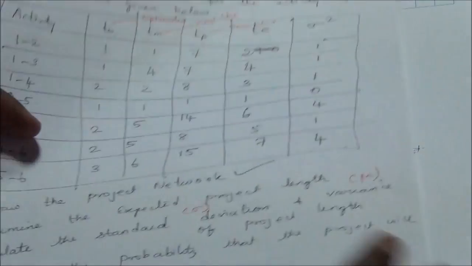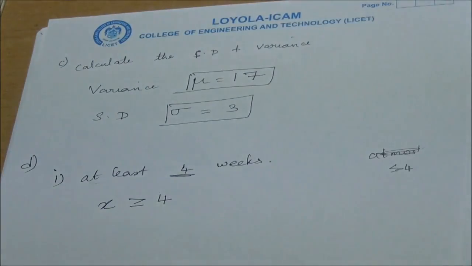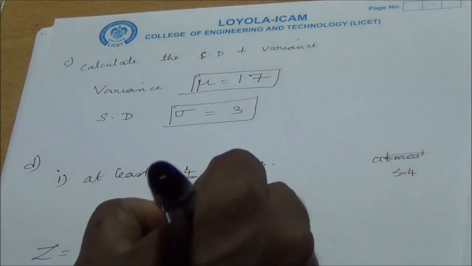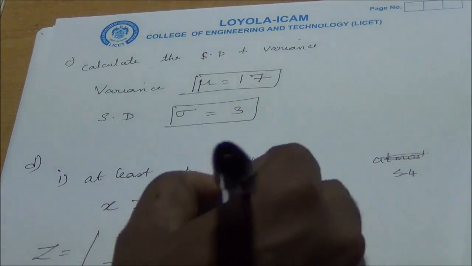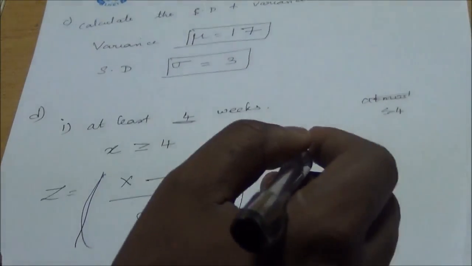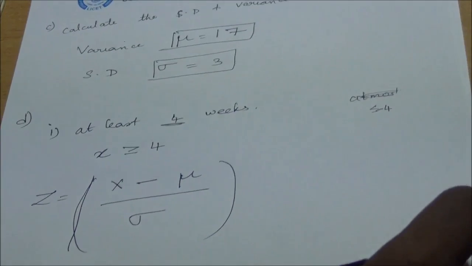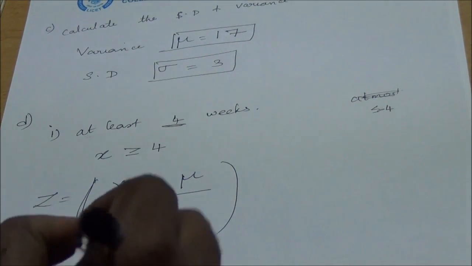To obtain this probability there is a formula: z is equal to x minus mu by sigma. At least 4 weeks the data is given.